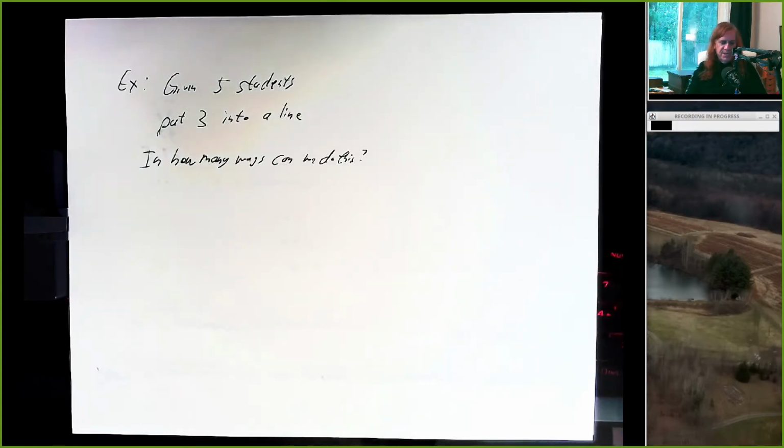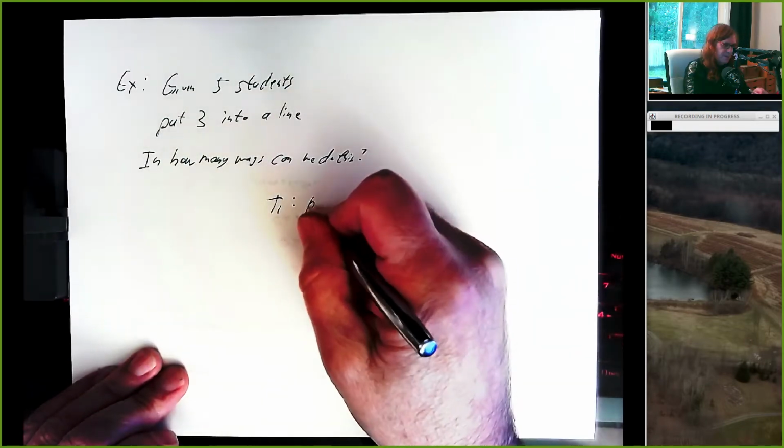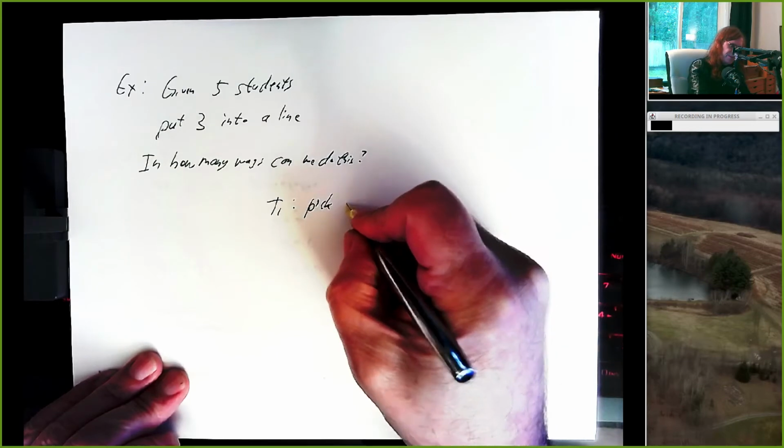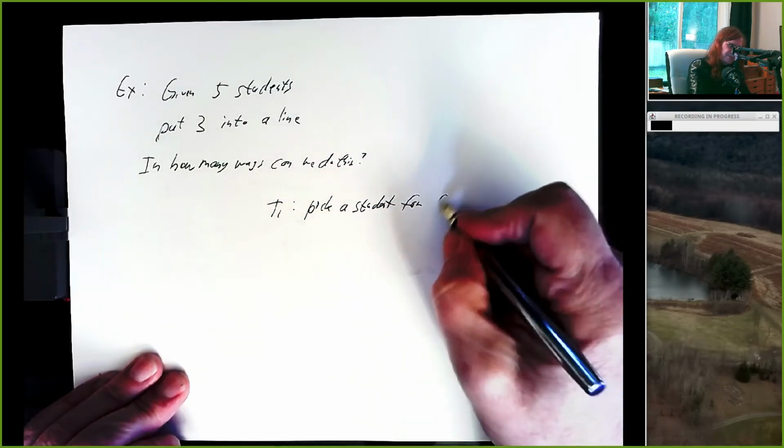So what succession of tasks could we do so that the end result is that we've picked 3 students and put them into a line out of a group of 5? Say again? Pick a student. Pick a student, good. Task 1. Pick a student. Are we going to put them in the front of the line? Sure. All right, pick a student for the front of the line.